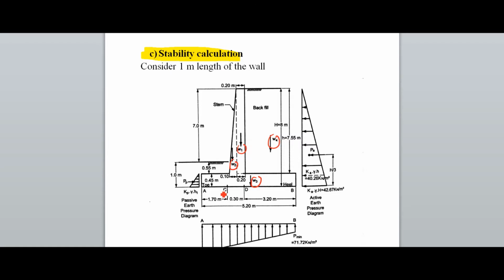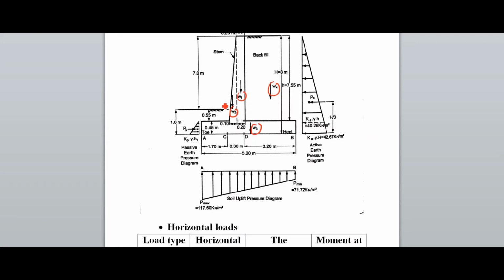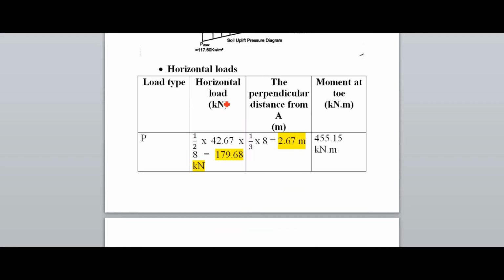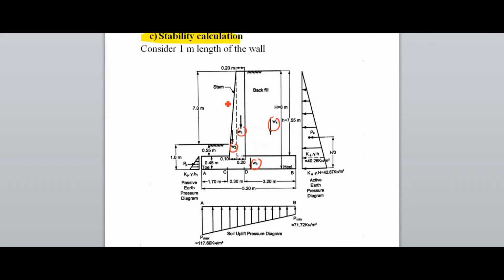Just wait for it. Okay, in this file I have the horizontal load calculation. I explained this in the previous lectures, in the cantilever retaining wall lecture, how this load is calculated. So in this lecture I will not explain it again. It's just a repeated thing.